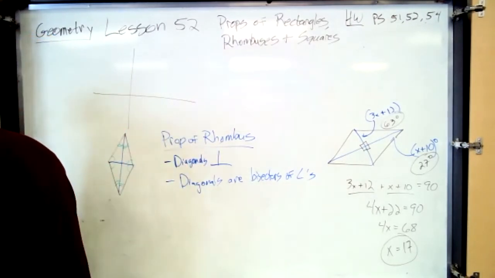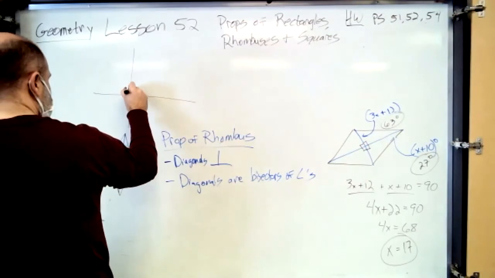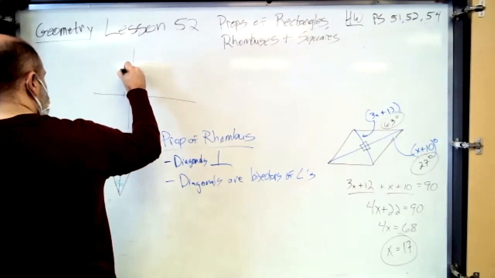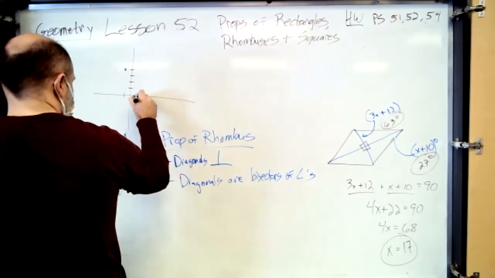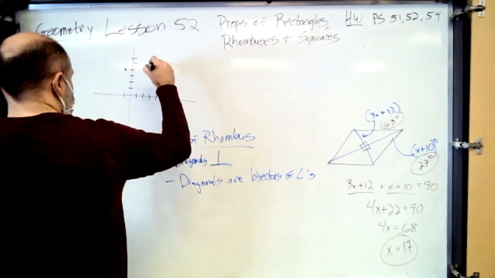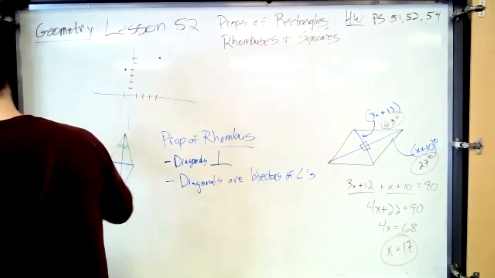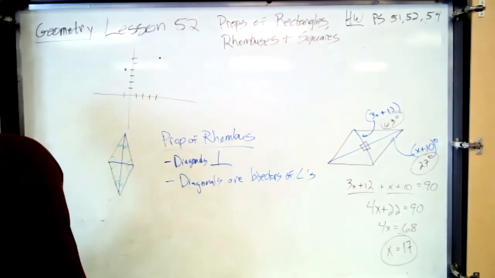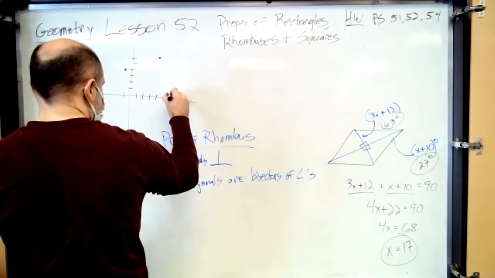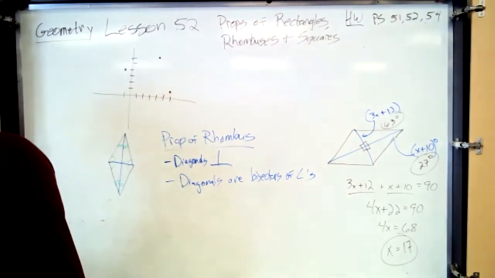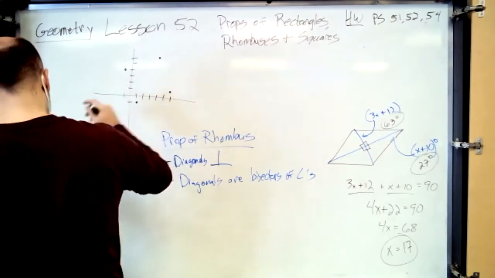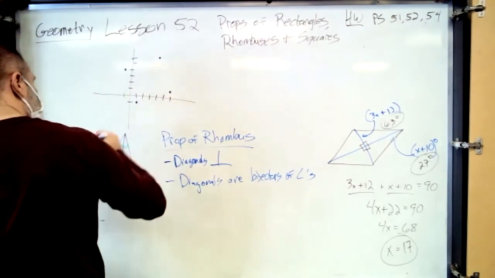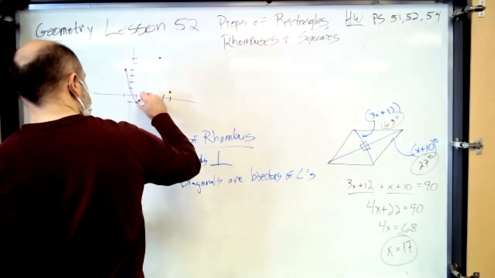And the vertices are at -1, 4, and then 4, 6, and then at 6, 1, and then 1, -1. So here's what the shape looks like.